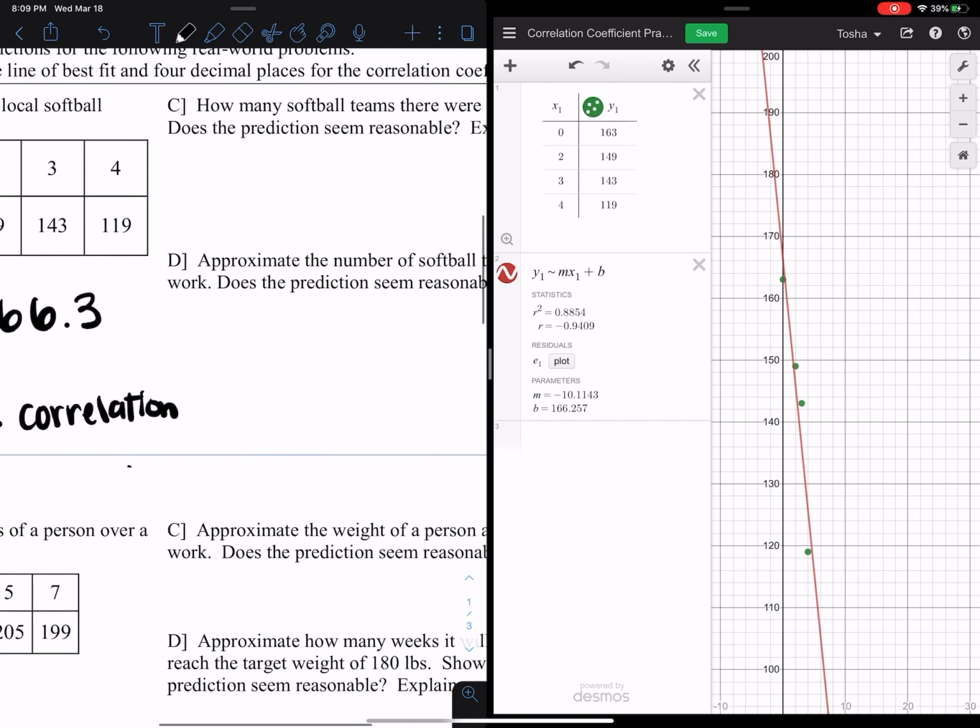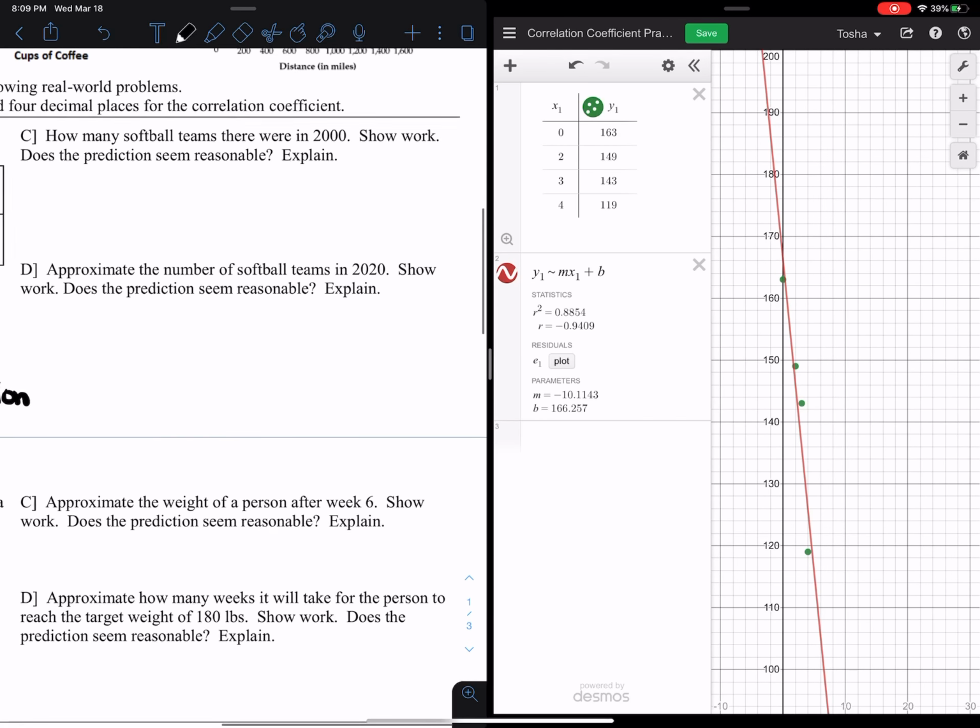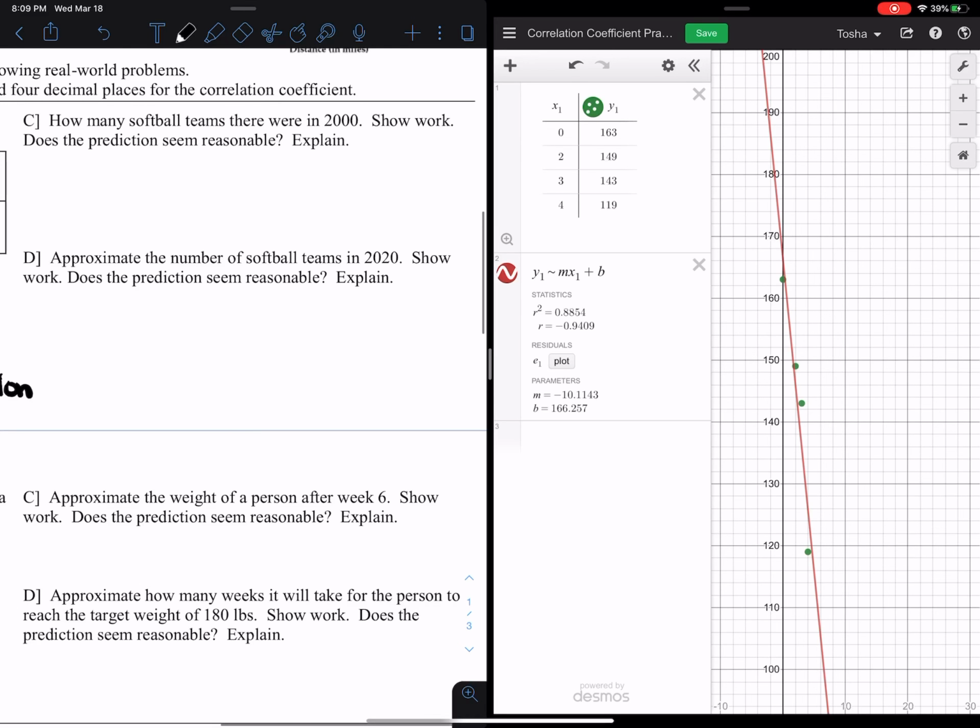Okay, the next part is asking us to predict. Sometimes in class I've said that our regression line is our prediction line, and that is because we can use it to predict what's going to happen later or what happened in the past.